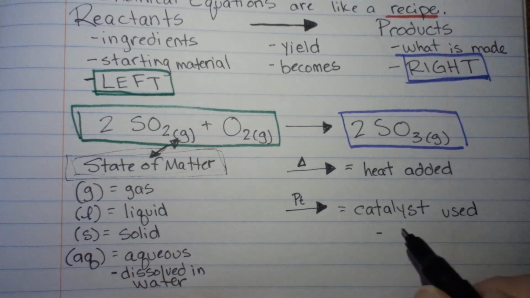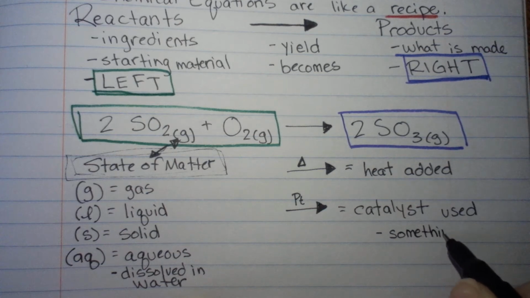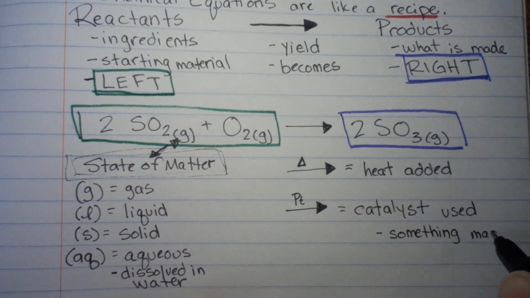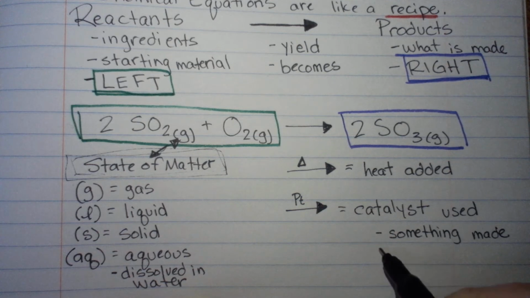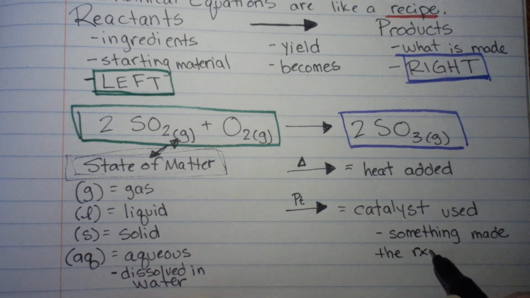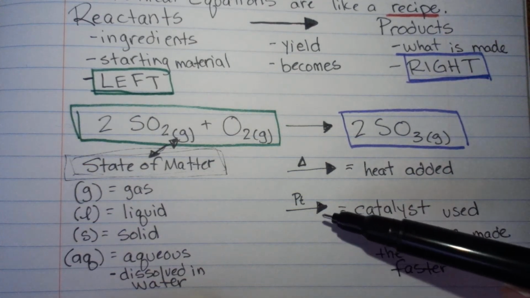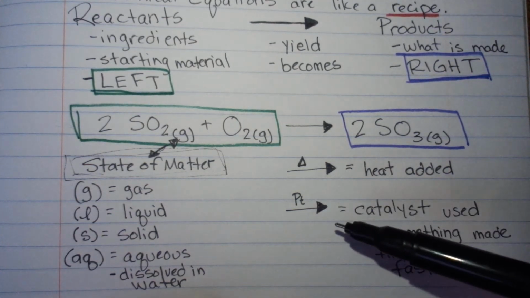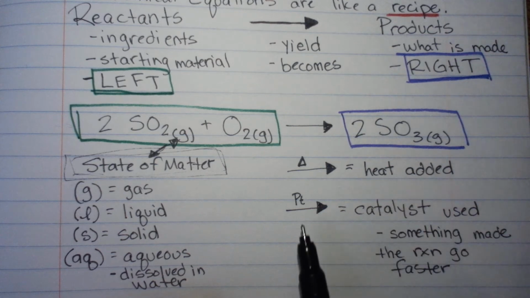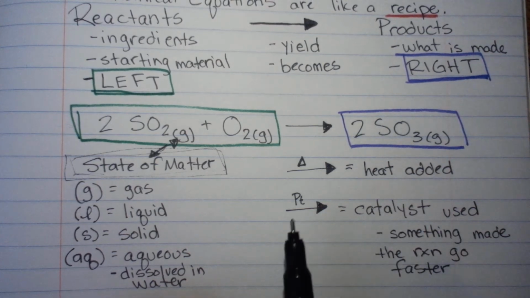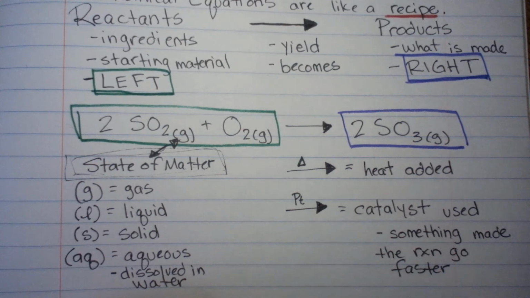That means something made the reaction go faster. So in this case it would be platinum. You might have anything else. It might be an enzyme, anything that might make the reaction go faster.